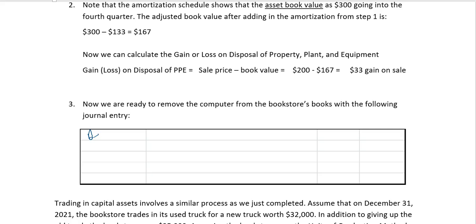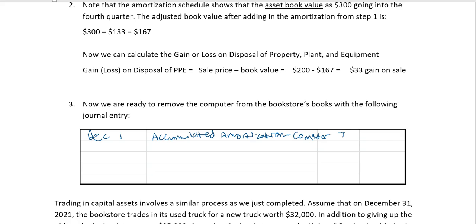Date it December 1st. We're going to have accumulated amortization, which is a credit account. We're going to empty it out in one shot. Only for the computer, of course, not for everything in the organization. So computer, getting a little bit tight here. We'll manage.